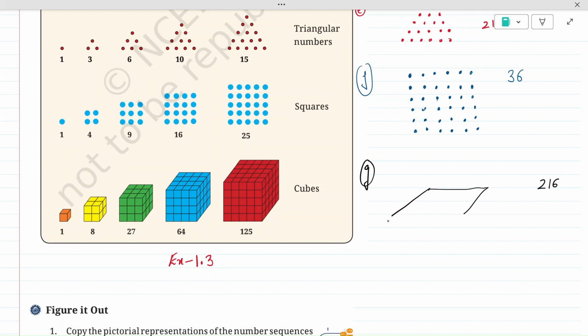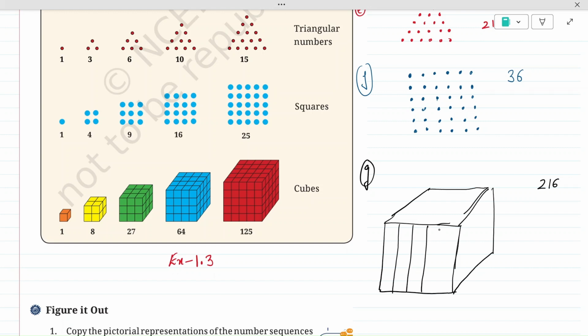So this is like this. Sorry, I'll just correct it. And this one. Now we have to make 6 cubes here. 6 means we have to make 5 separators. So 1, 2, 3, 4, 5.